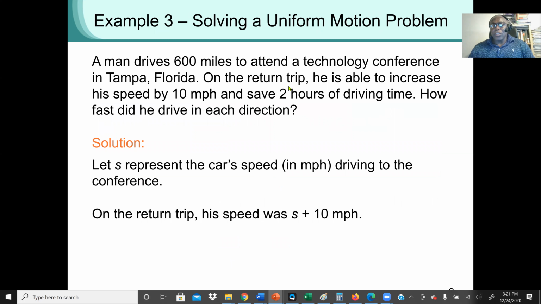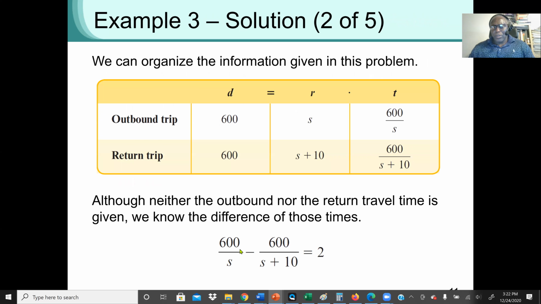The question said, on the returning trip, the man was able to increase his speed by 10 miles per hour and also save 2 hours of driving time. So this tells us that the difference of the time between the outbound and the returning trip is 2.